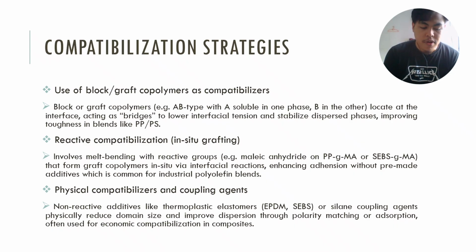Non-reactive additives like thermoplastic elastomer, EPDM and SBS, or silane coupling agents physically reduce domain size and improve dispersion through polarity matching or adsorption, often used for economic compatibilization in composites.